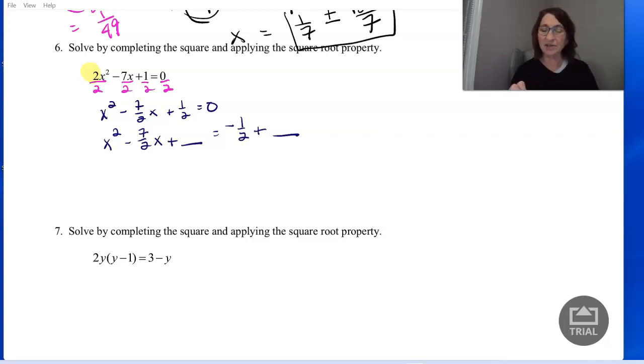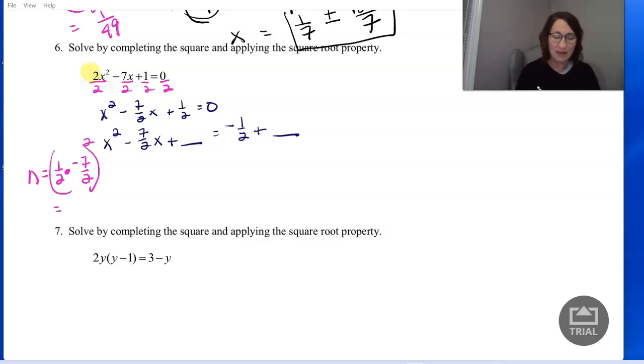I need to calculate that n that goes into that blank that's going to create a perfect square trinomial on the left. So n is equal to 1/2 times that b term, which is a negative 7/2, and then I square it.